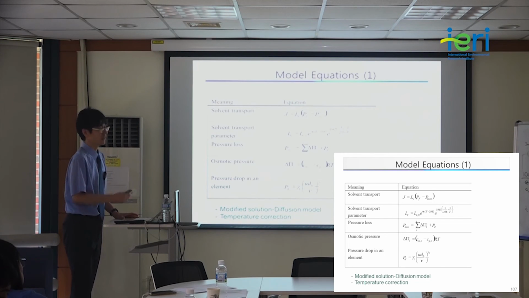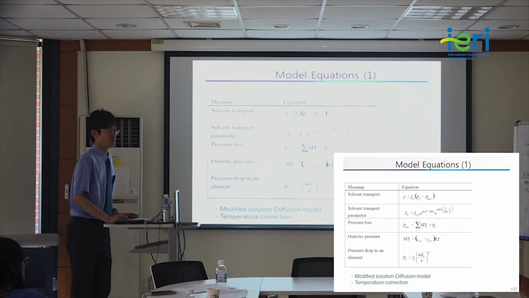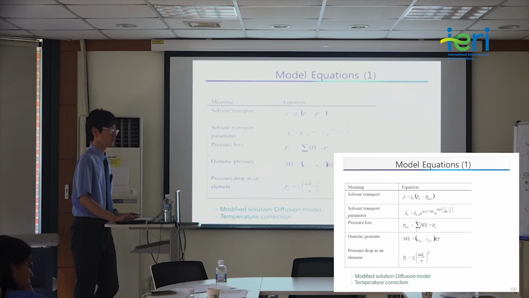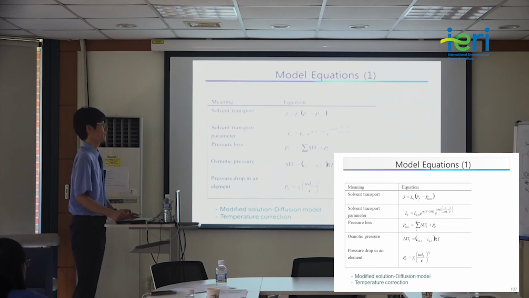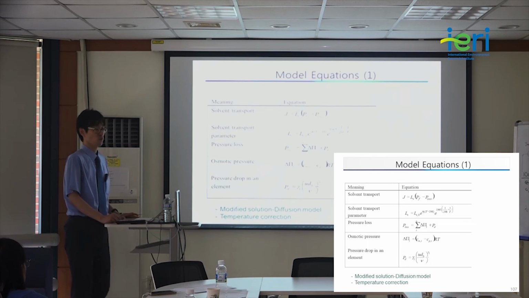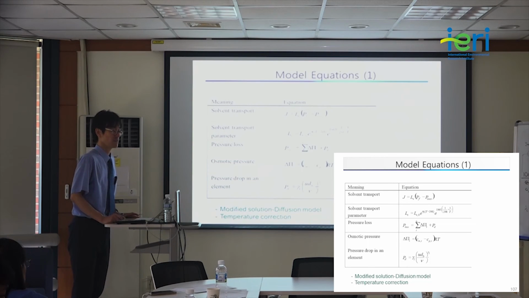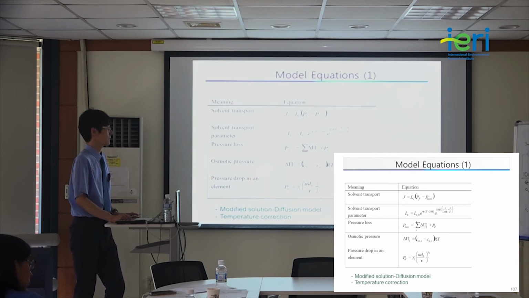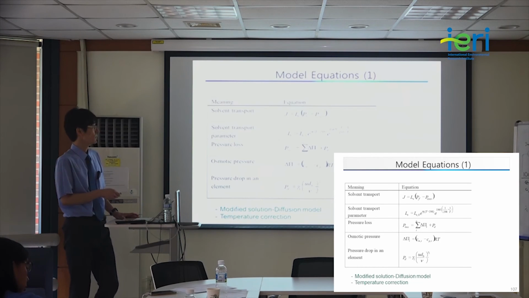And if you apply 50 bar instead of this 40 bar, in such cases, net pressure will increase to 30 instead of 20. In such cases, the flux will increase to 15. Flux will be 15 instead of 10. So that kind of simple relationship is reflected in the first equation.